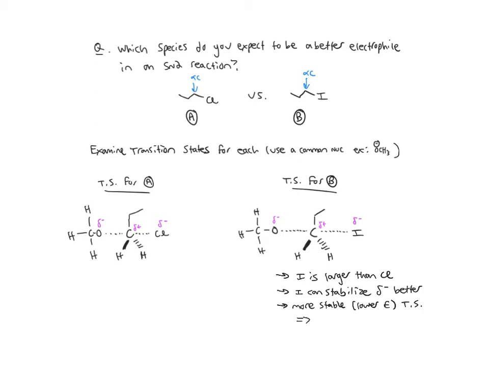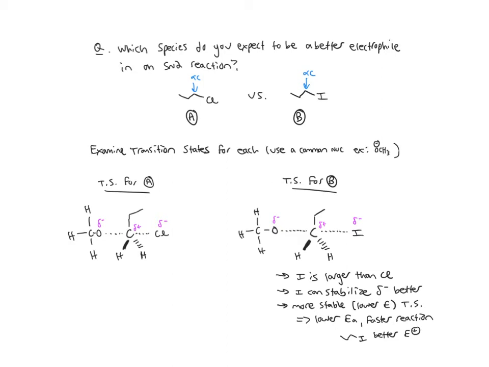That means we're going to have, for that reaction, lower activation energy or a faster reaction. That's going to mean that that electrophile is going to be better. So that's going to be our better electrophile.